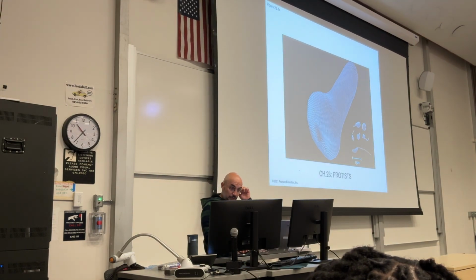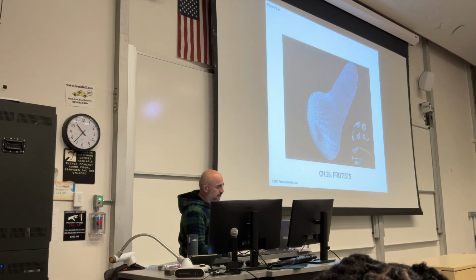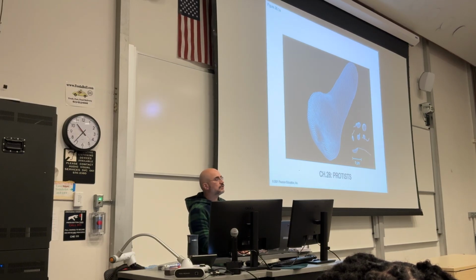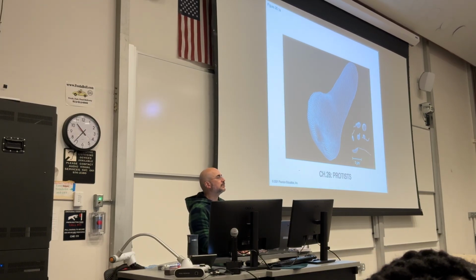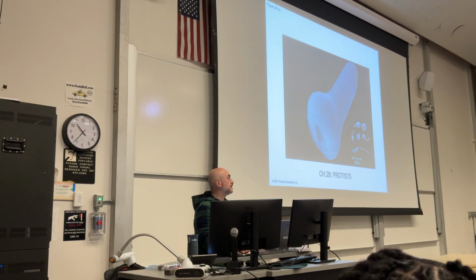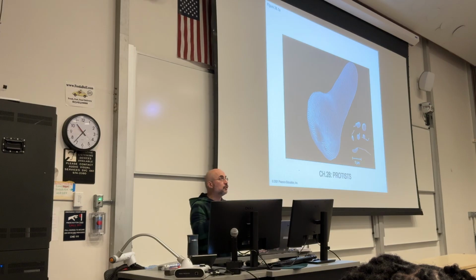Okay. So I'm just going to give you a brief intro to this chapter on protists. Most protists, or what we consider protists, are single cell, but what type of cell? Eukaryotic cells, okay? Now we're moving from prokaryotes to eukaryotes.